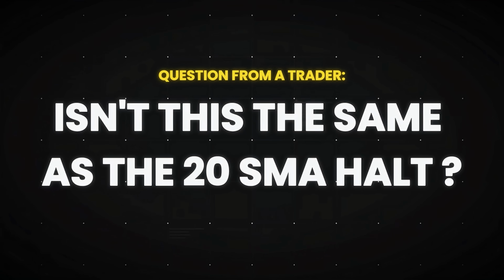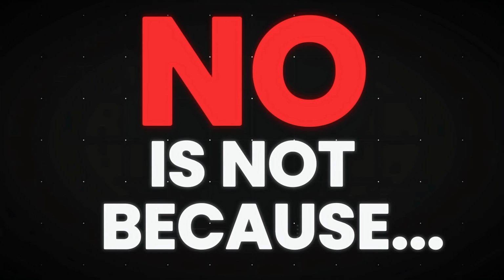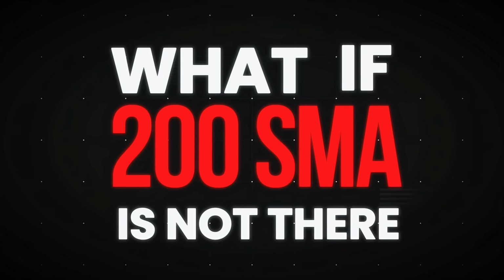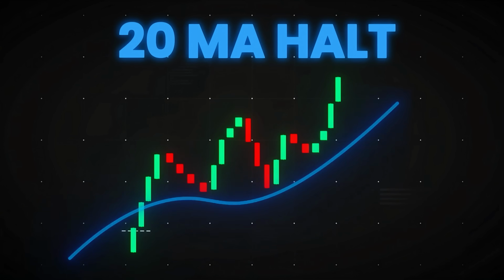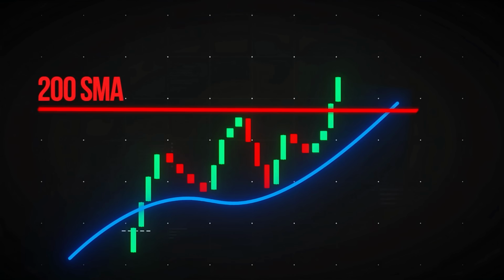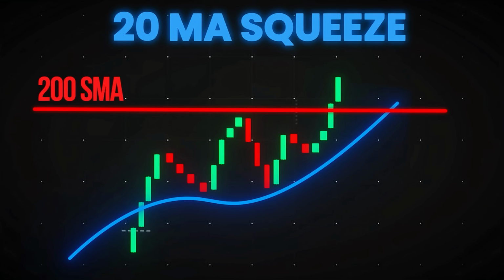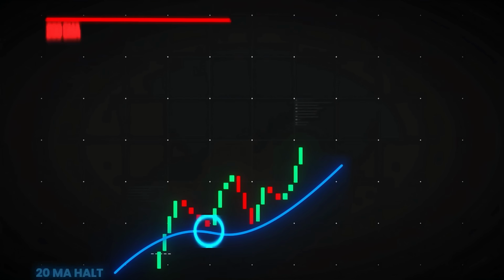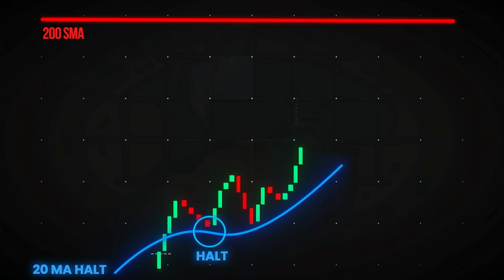Dorina's asking, isn't this the same as the 20 MA halt? Well, no, it's not, because what if the 200's not there? That's a 20 MA halt. But with the 200 there, it's something more. It's the 20 MA squeeze. You could have a 20 MA halt with the 200 up here somewhere, and that's just a plain 20 MA halt, and the 200 has nothing to do with that.